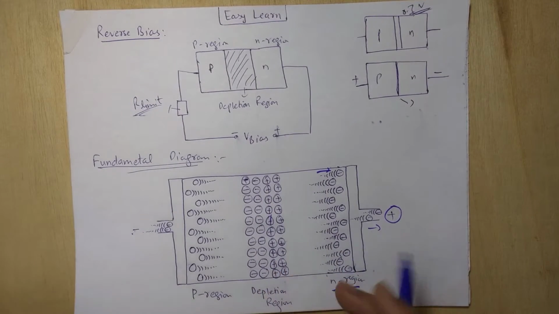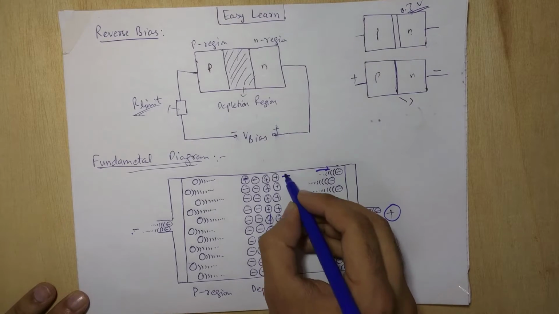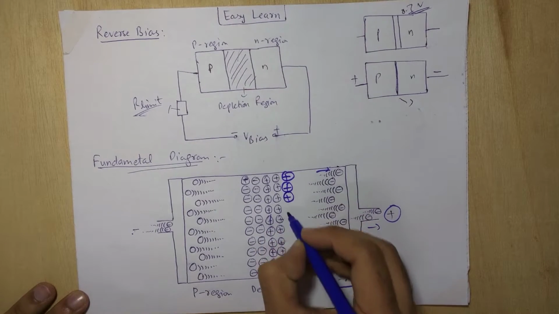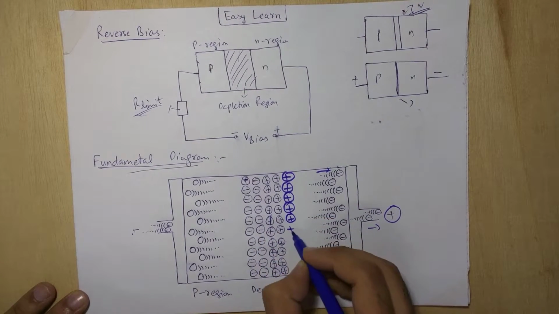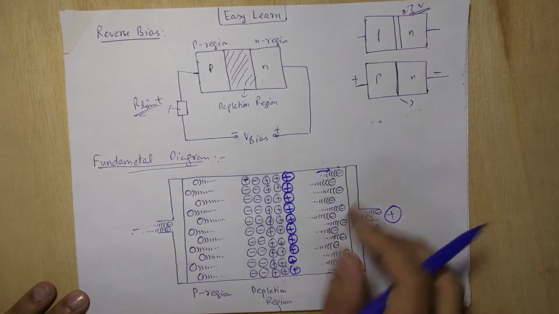So when more and more electrons move toward this side, more and more positive ions are created on this side, and another layer, and another layer is created.